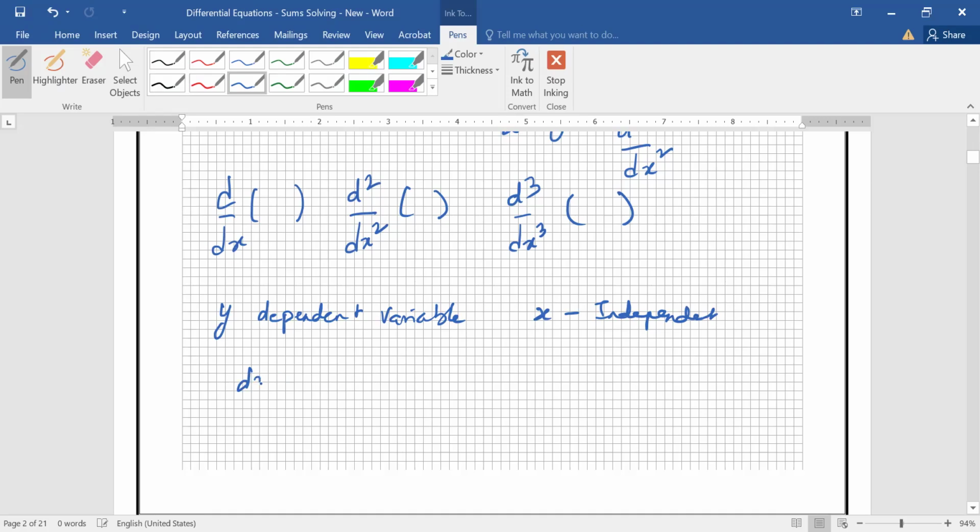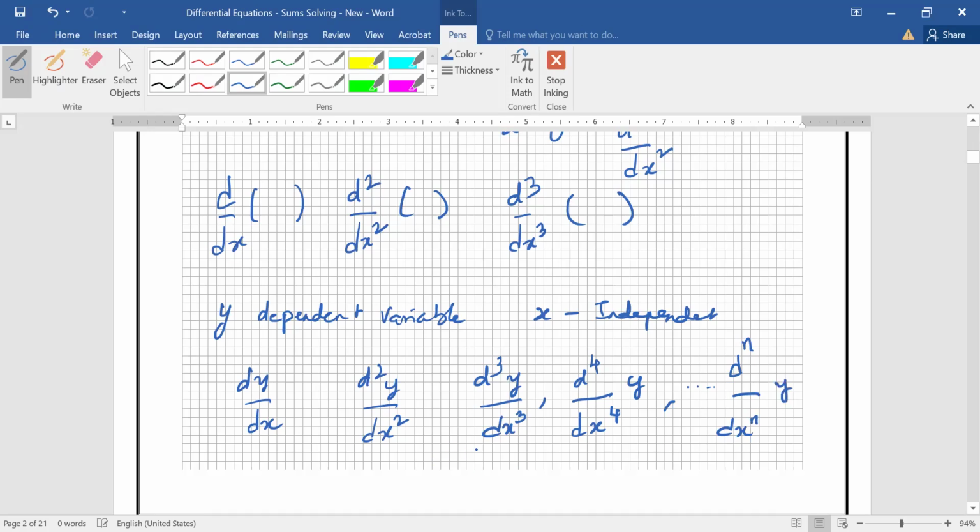I write dy by dx, which is known as the first order derivative. Then d square y by dx square is the second order derivative, and d cube y by dx cube is the third order derivative. The next one is fourth order, d power 4 y by dx power 4. Like that we can write the nth derivative, d power n y by dx power n.